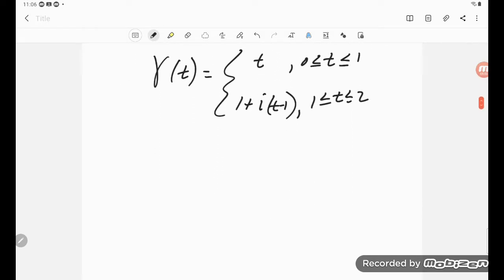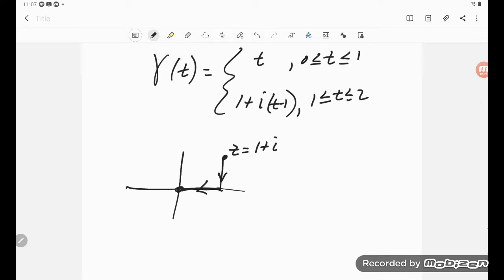So every path has an orientation, and the question is, am I going from 0 to z here, or am I going from z to 0? And so I could have what looks like the same path, but now my orientation would go this way.